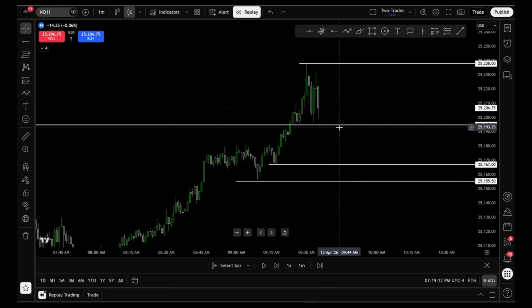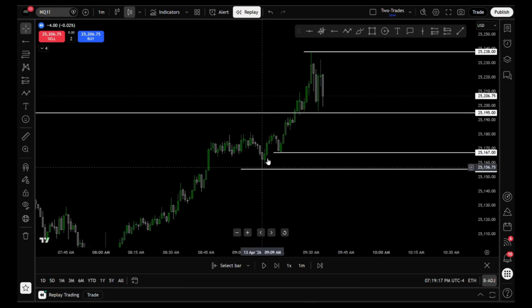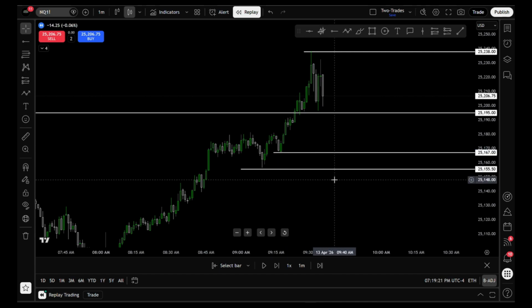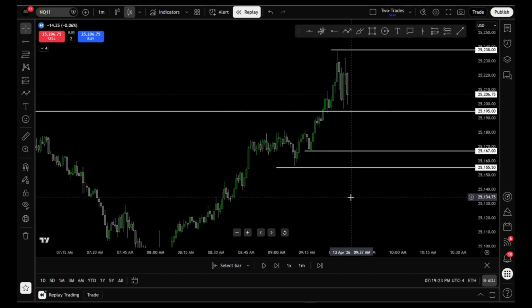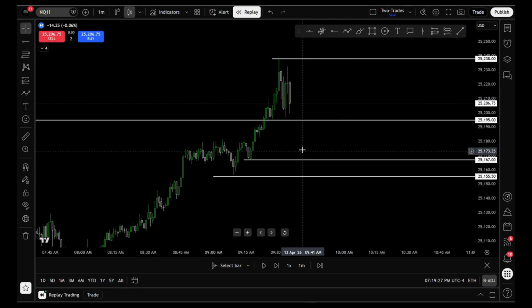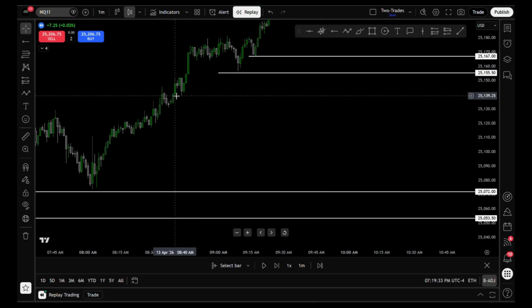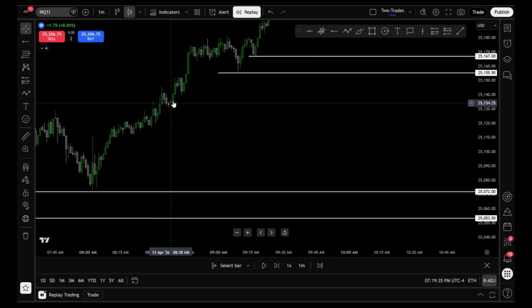So right now we have our high and then our low of the range, and then we also have this low right here as well. So now I'm still waiting for one of these key levels to get swept, right? I'm not doing anything until one of these levels gets swept. Now, sometimes price will just come right through it and come all the way down to get all this liquidity down here.